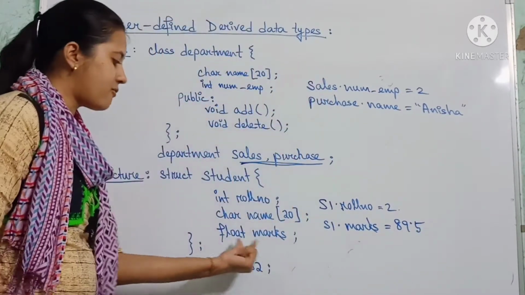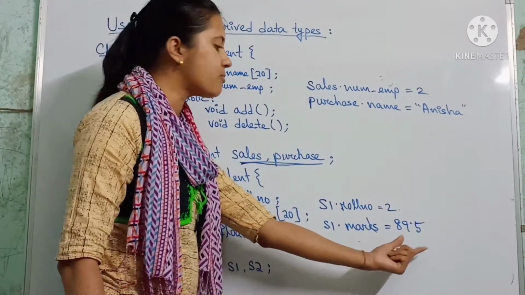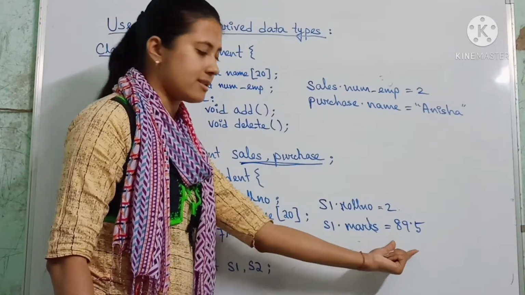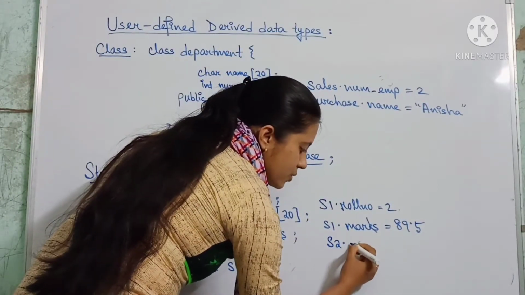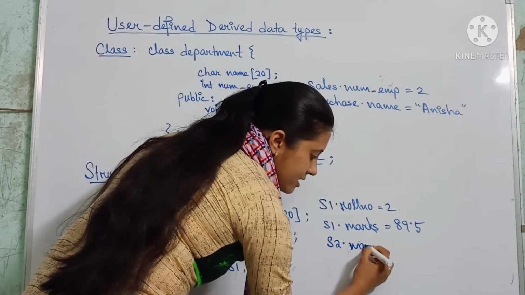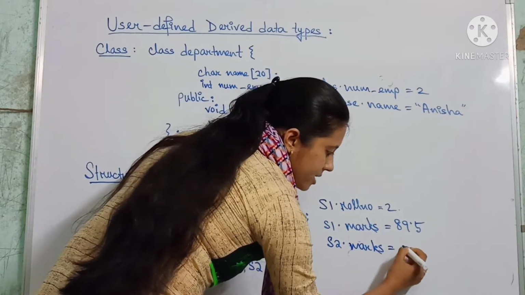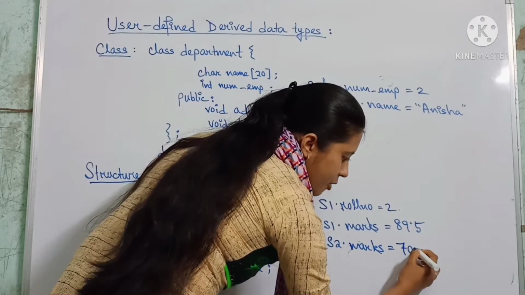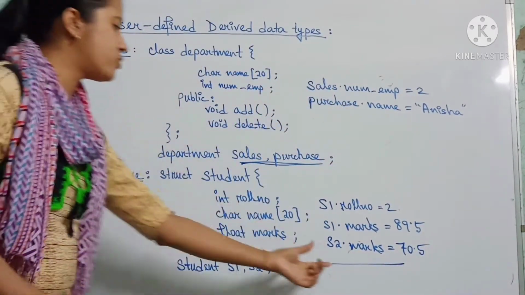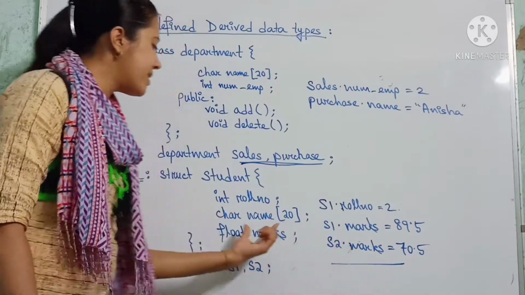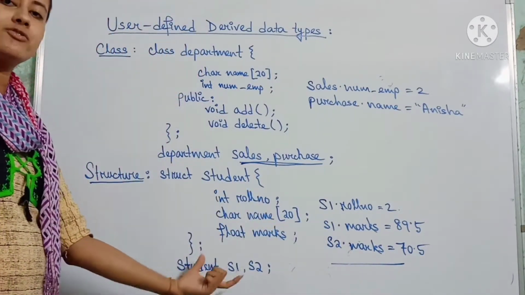Since marks can be floating point, that's why we have assigned like this. Okay, so like this we can assign different data members, like 70.5. So through the help of an object we can access the data members of a structure, similarly like the class.